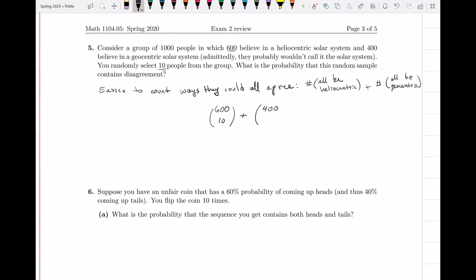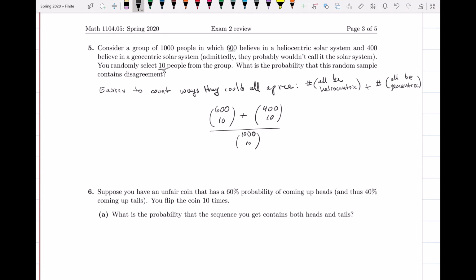That would be 400 choose 10. So that's the number of ways they could all agree. The probability is then dividing by the number of ways we can choose 10 people in general from 1,000, so divided by 1,000 choose 10.